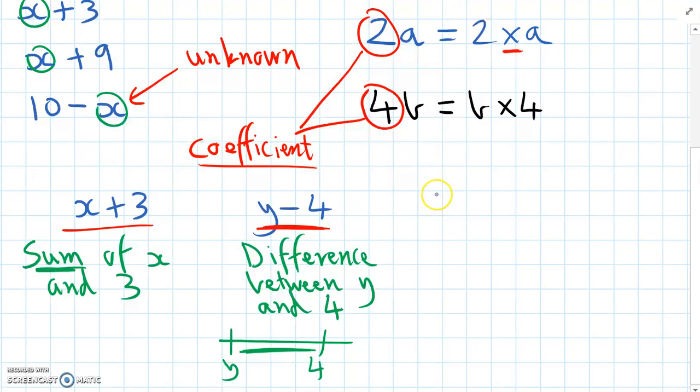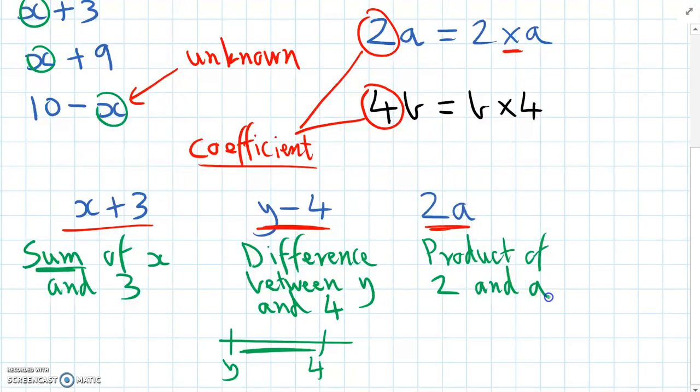Next, if we have a number multiplying by a pronumeral, like we saw before, multiply we call product. So this is the product of 2 and a. 2 is multiplying by a. The last one we can have is y divided by 5.